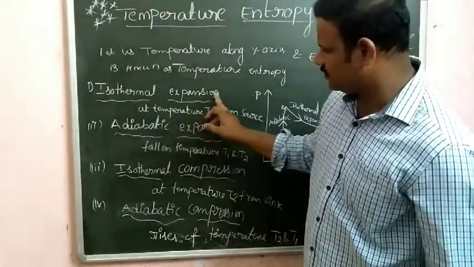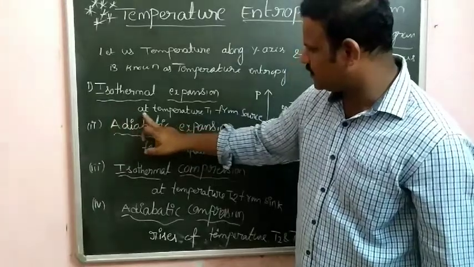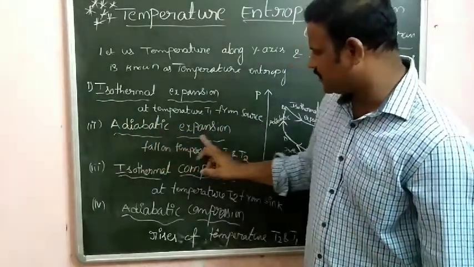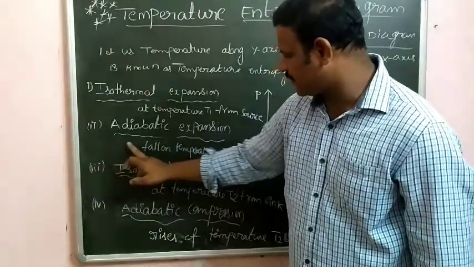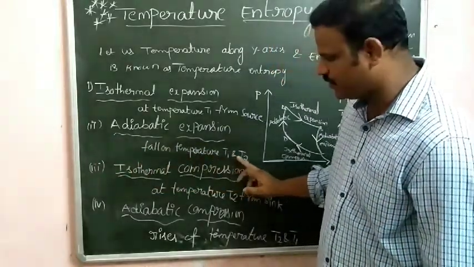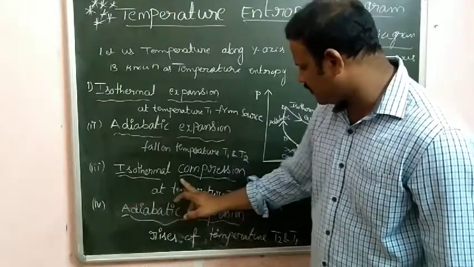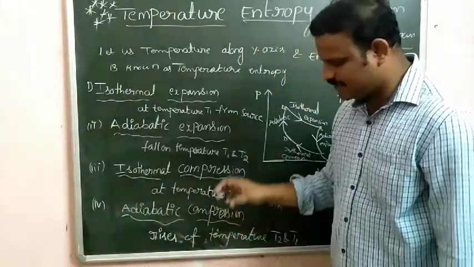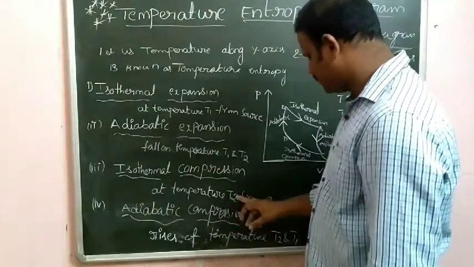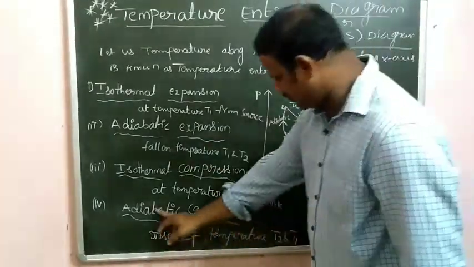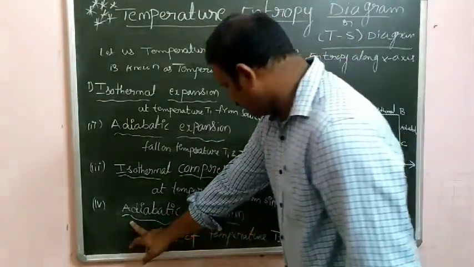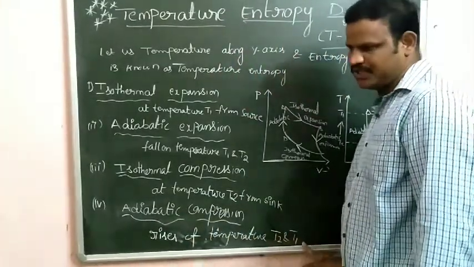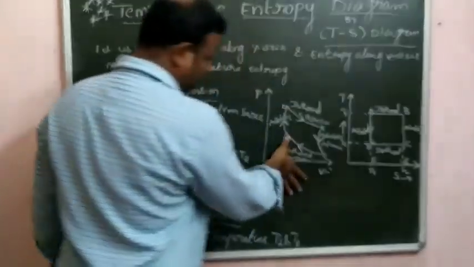Isothermal expansion at temperature T1 from source, adiabatic expansion falls from T1 to T2, isothermal compression rejects heat at temperature T2 to the sink, and adiabatic compression rises from temperature T2 to T1. Okay, this is the first diagram.